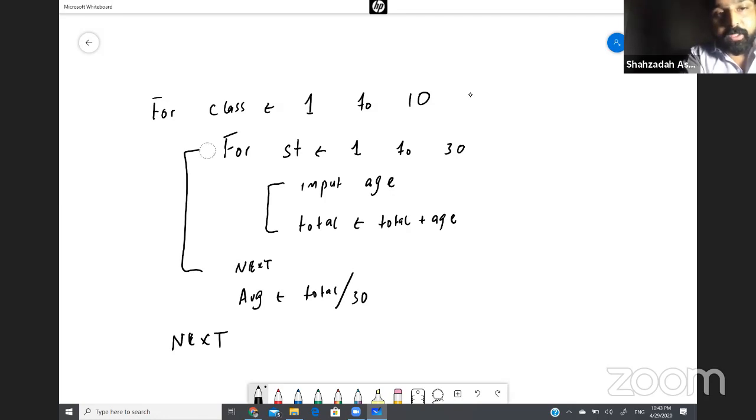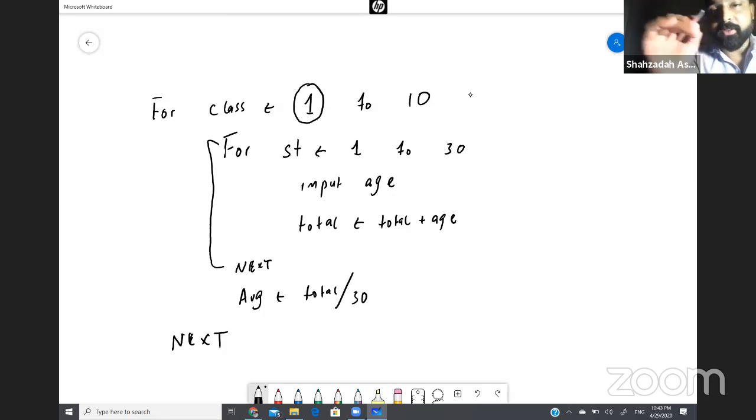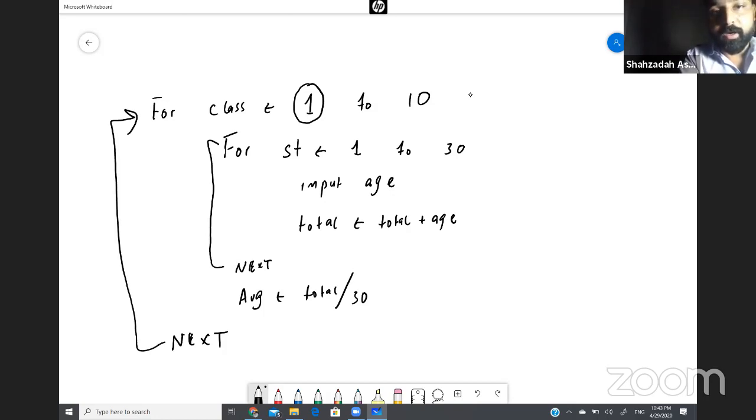So this program, if we try to see this roughly, for the first class, this for next loop is going to iterate 30 times, for 30 students. After doing that, next, for the second class, class number 2, this for loop will again execute 30 times.